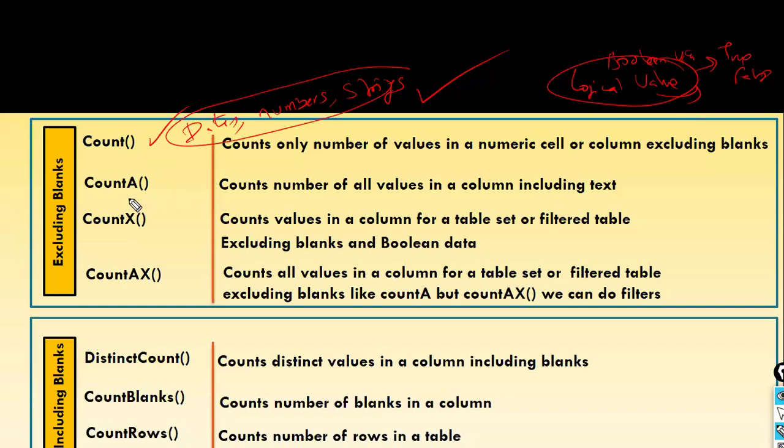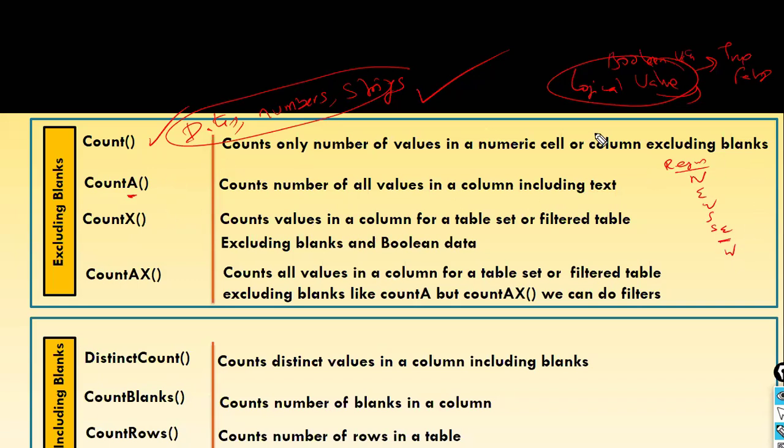CountA function. Here the A tells us all the data types. So it works with all the data types. For example, you have something called region. In the region you have north, east, west, south, something like that, and somewhere you have a blank value, and then west is there.